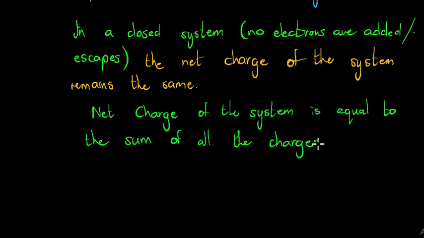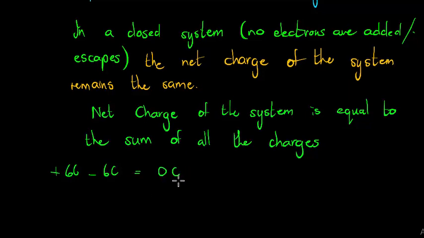Okay, now some charges might be positive, some might be negative. So some charges might completely cancel one another out. So if I have a 6 Coulomb charge and I have a negative 6 Coulomb charge, then if that was the only two charges, then the sum of all the charges would equal 0 Coulomb. So the net charge of the system would be 0 Coulomb.